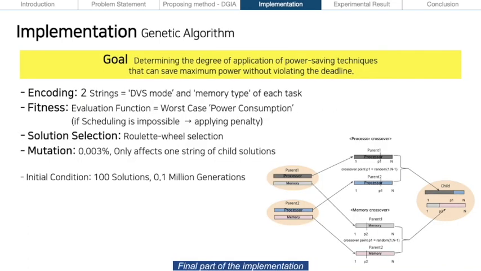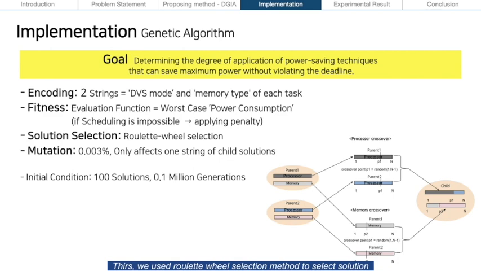Final part of the implementation is about the genetic algorithm. The role of the genetic algorithm is that real-time tasks and virtual tasks can be executed with power saving without violation of deadlines. So it predetermines the processor and memory mode of each task before execution. To do this, we decided on the encoding. We used 2 strings to express the DVS mode and HM mode of each task respectively. Second, we evaluated solutions based on power consumption and applied penalties to solutions that violate deadlines.